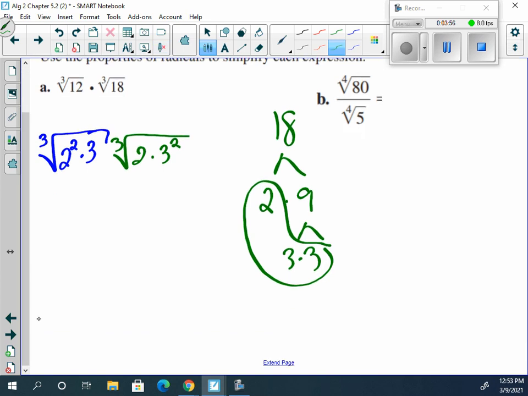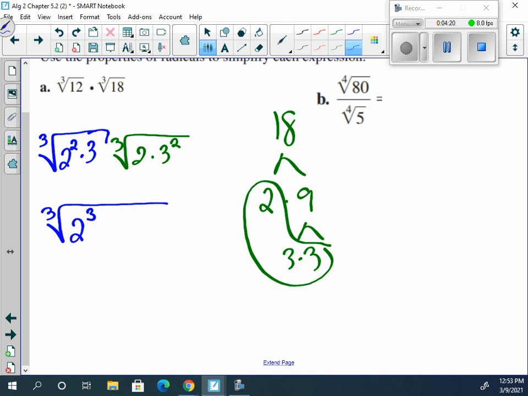Now again, our first property says as long as the roots are the same, we both have cubed roots, we can multiply what's inside the roots. So I have 2 squared times 2, which would be what? 2 squared times 2 would be 2 to the third, because how many do I have?